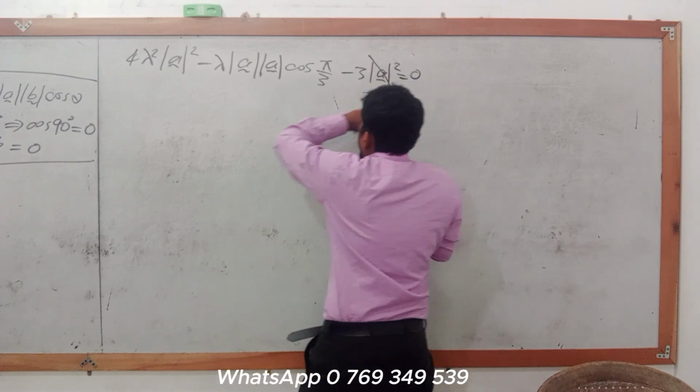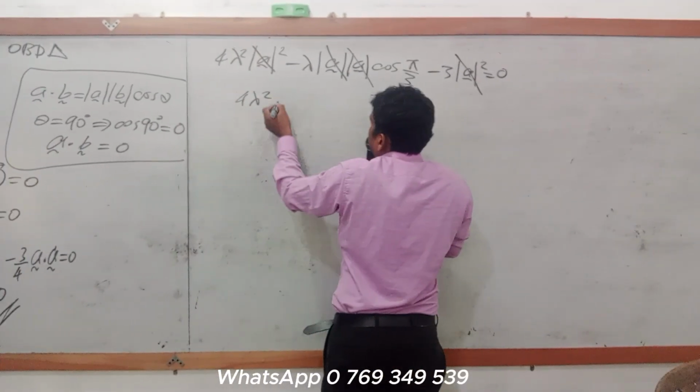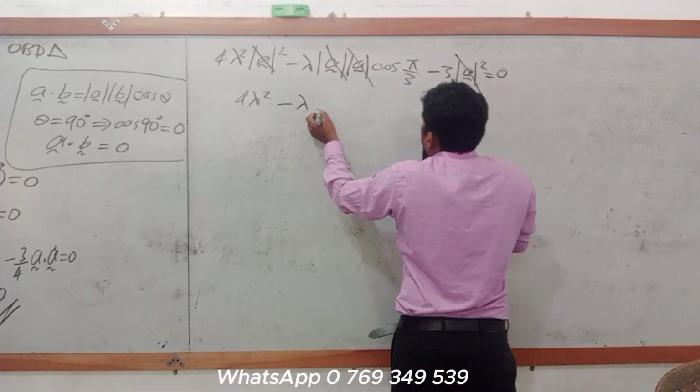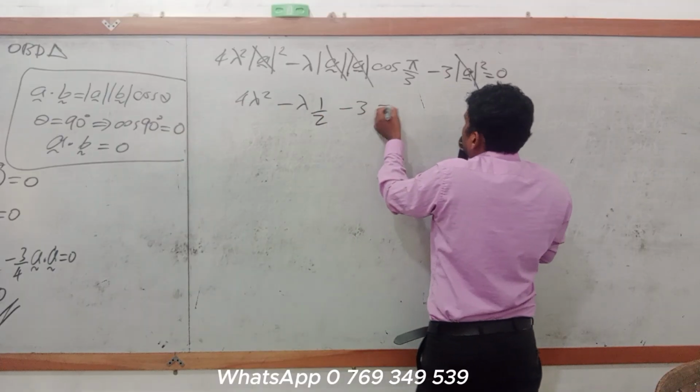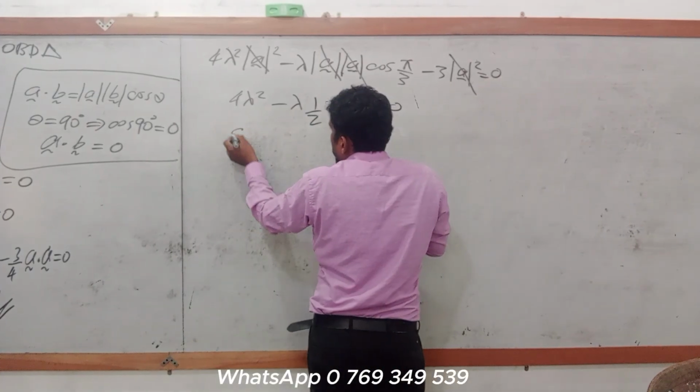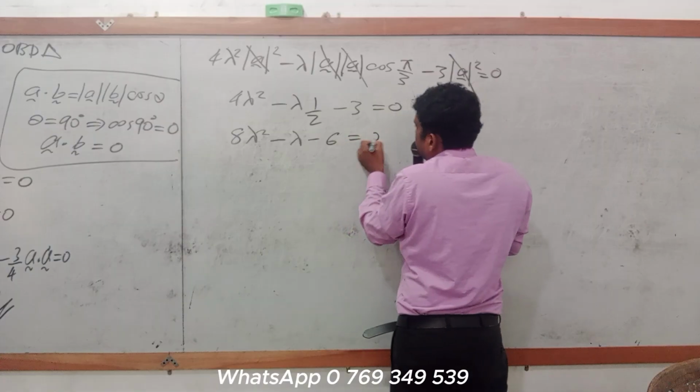Now we can cancel modulus A square. Now 4 lambda square minus lambda cos pi by 3, which is half, minus 3 equals 0. Therefore, multiplied by 2: 8 lambda square minus lambda minus 6 equals 0.